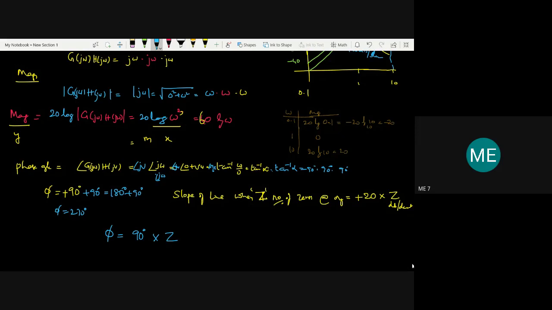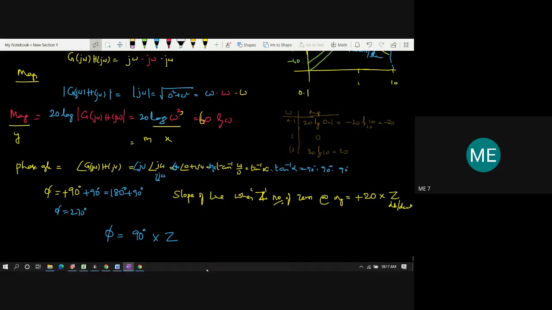Then with 2 zeros at origin, it is 180 degrees, and when 3 zeros are there, we get 270 degrees. So likewise, we can get the phase angle when zeros at origin are there.